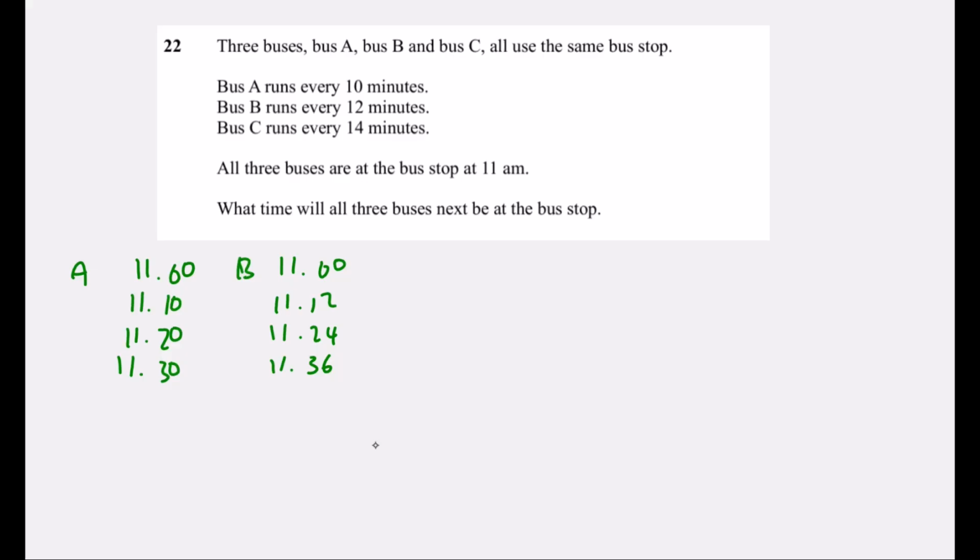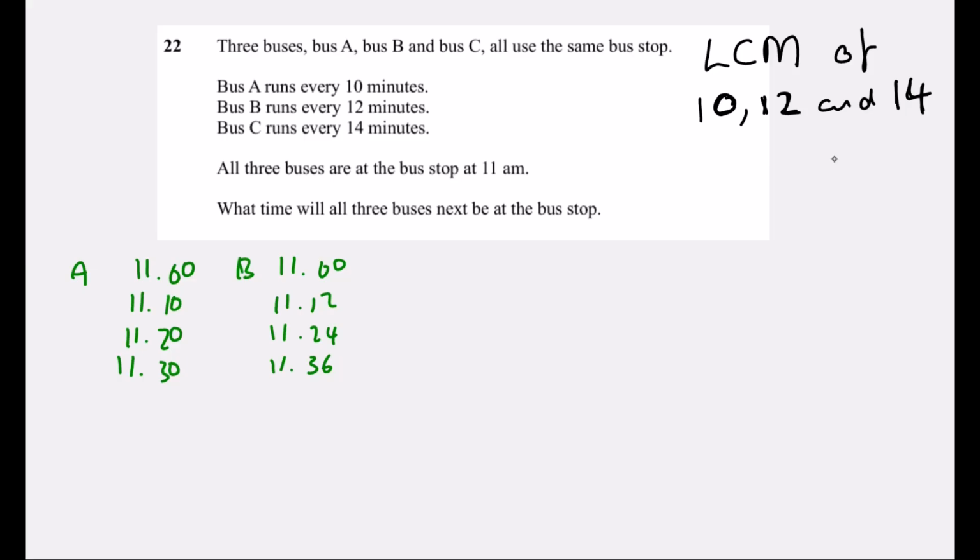But it's going to take such a long time, we need a better method. What we're actually working out in this question is the lowest common multiple of 10, 12, and 14. So the lowest number that's in the 10 times table and the 12 times table and the 14 times table. So the lowest number that's in all 3 times tables.